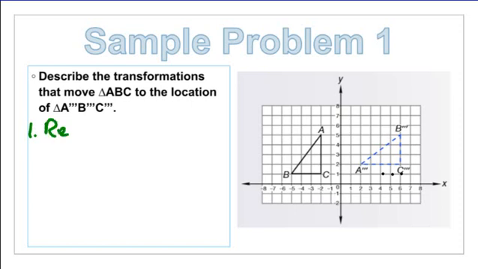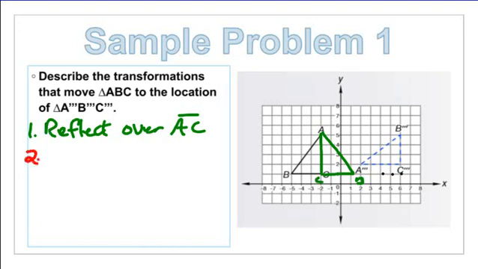So we'll say we reflect it over line AC. So we're going to reflect that over here. If we do that, this is where our new triangle will be. This is our B, that's C still.